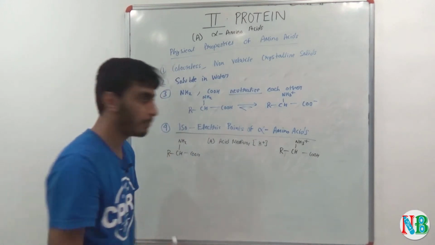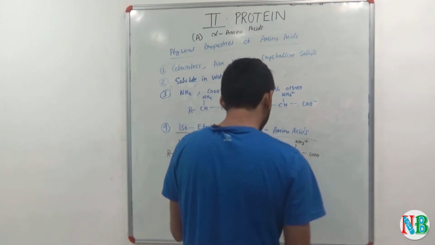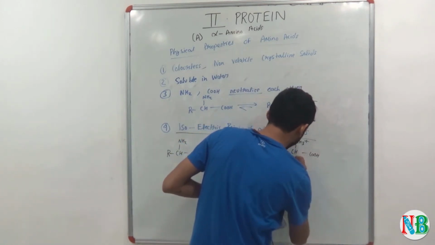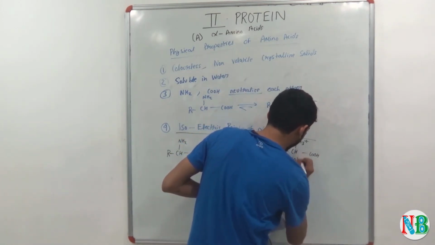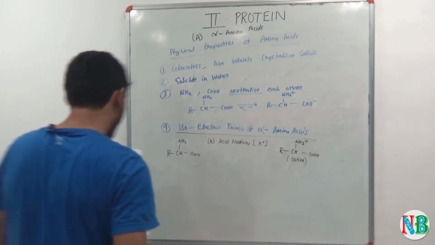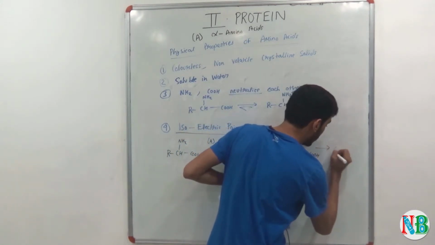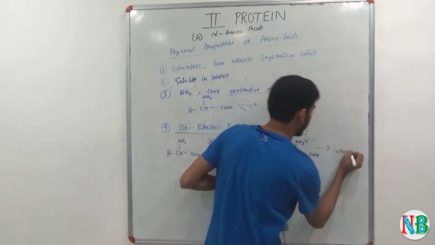Now as a whole, this compound has a charge of plus. So this forms a cation, and suppose if you apply an electric field, this ion will tend to move towards the cathode electrode.